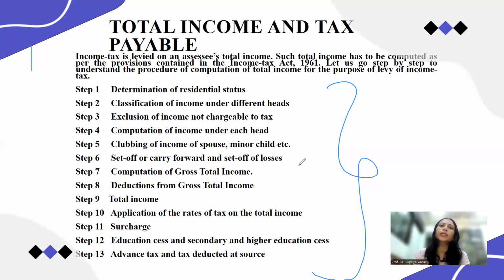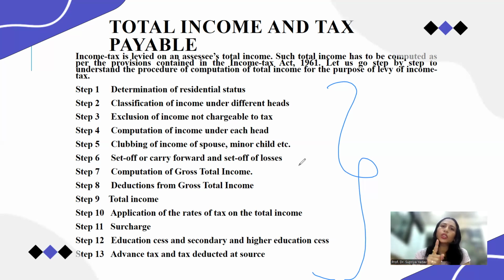That is also applicable for deduction. There is a list of many items which we are going to study, but I am telling you only for example. Also, if you paid the installment of your housing loan, that is also available as a deduction under Chapter 6A. Okay, so this is how the deductions are going to save our tax.